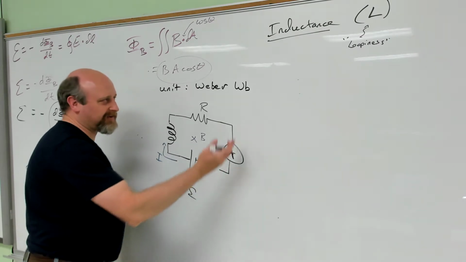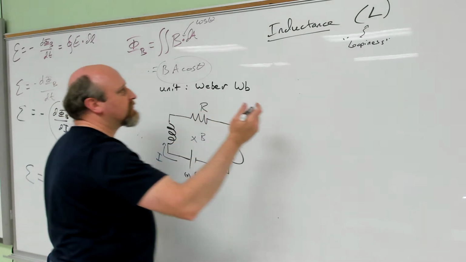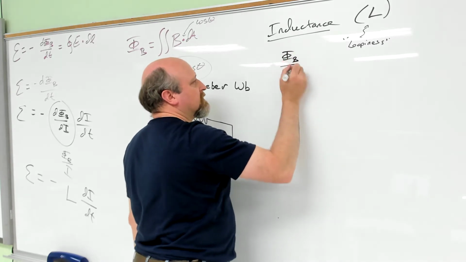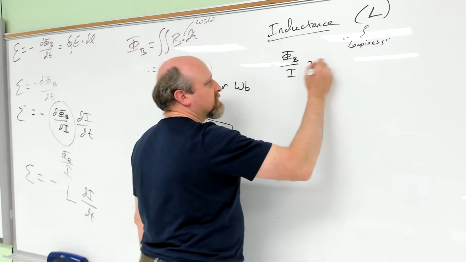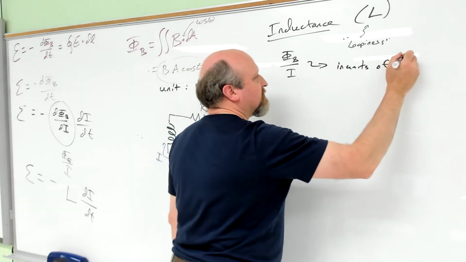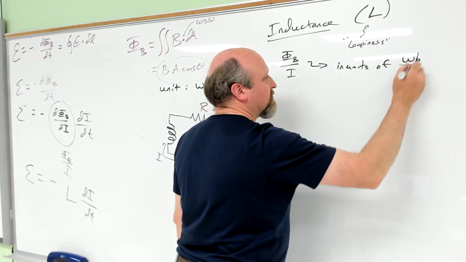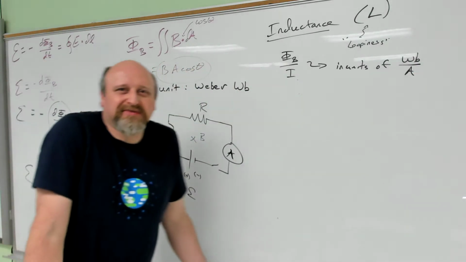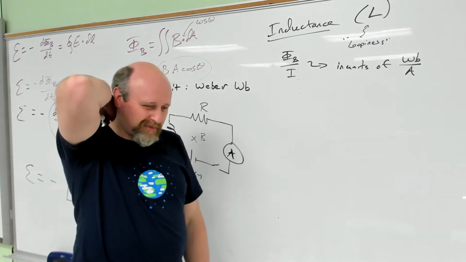So you say inductance, that's just my flux per amp, per current, and so that should be in units of Webers per amp. But again, Webers is a weird unit because you can't directly measure flux, right? So how often are you really going to be working with Webers?